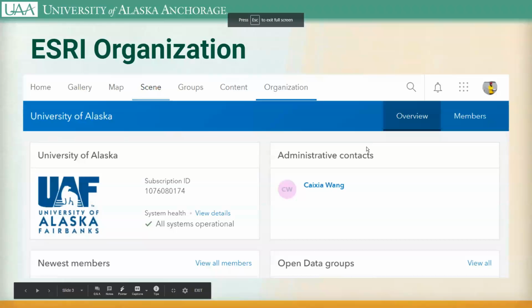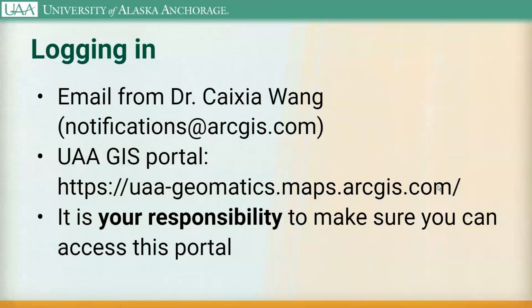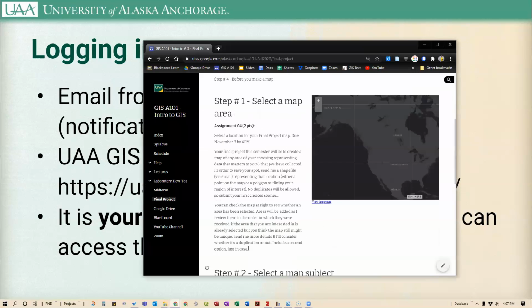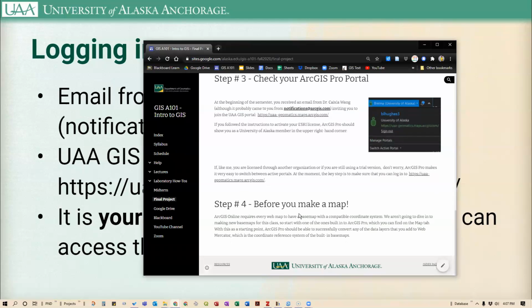So that information is also here in this presentation, and then I've also added it to the final map instructions. We have your first 2 assignments for this map, and then how to check your ArcGIS Pro portal, and some cautionary instructions that we'll kind of talk about today.